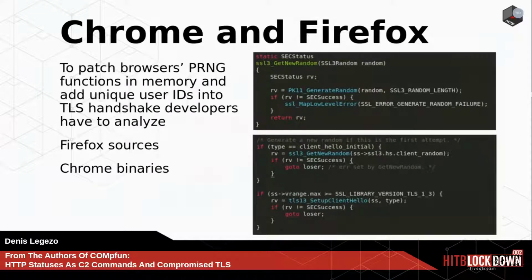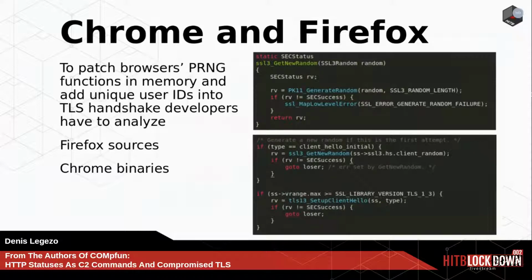When I took a look at the size of the Chrome library, I decided to analyze the Firefox source code, and a function like get new random, the random number generator, ends up in the SSL3 part of the code, and it's in charge of creating this client hello field.